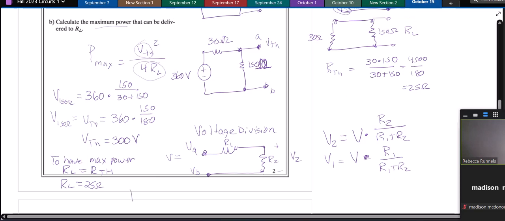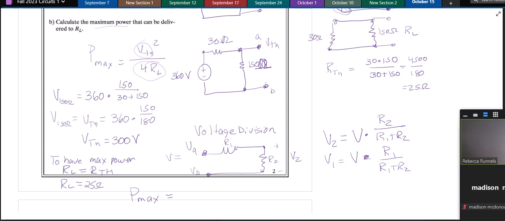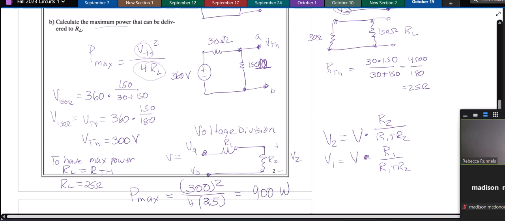So then max power equals V Thevenin squared, 300 squared, over 4RL, or 4 times 25, which I think is supposed to be 900 watts.